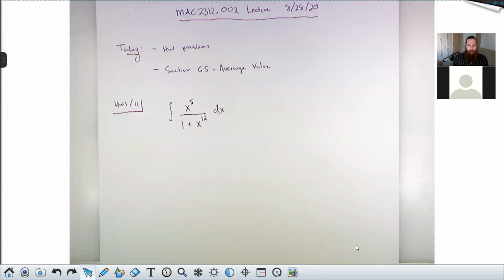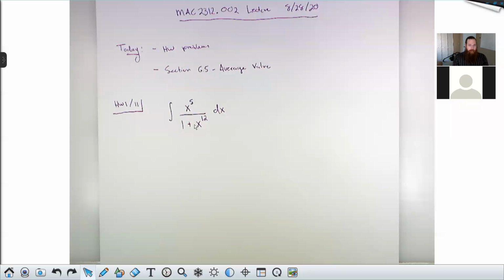What I see when I see an integral like that, my first thought is that this factor in the denominator, the 1 plus x to the 12, since that's an even power, this kind of reminds me of 1 over 1 plus x squared. It makes me think of that arctan integral. That's where my brain goes when I see a factor in the denominator that's 1 plus an even power of x.